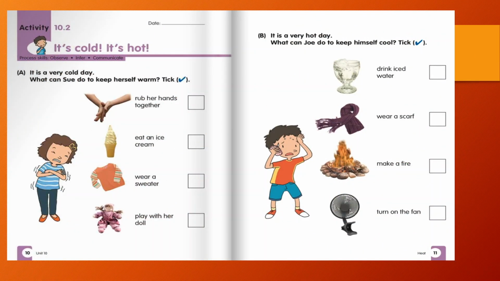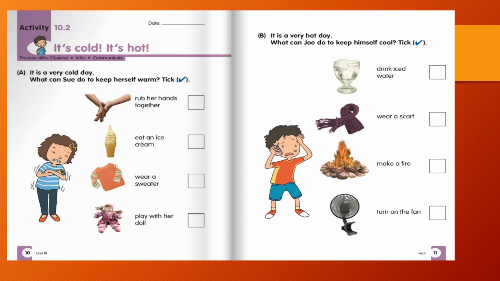So here you have to check what is cold and what is hot. So it's a very cold day. What can you do to keep yourself warm? You have to check. For example, here you have different activities, and the activities that Sue can do to stay warm are rub her hands together and wear a sweater.